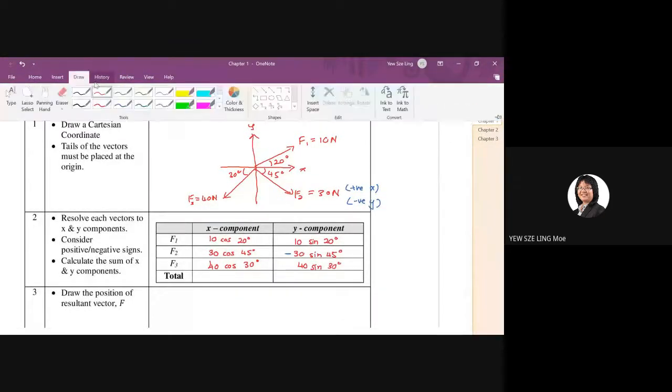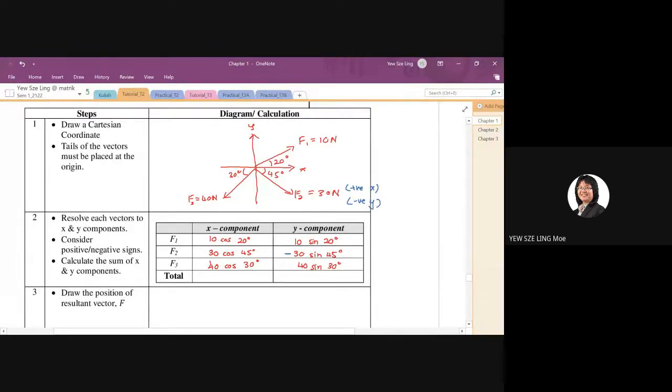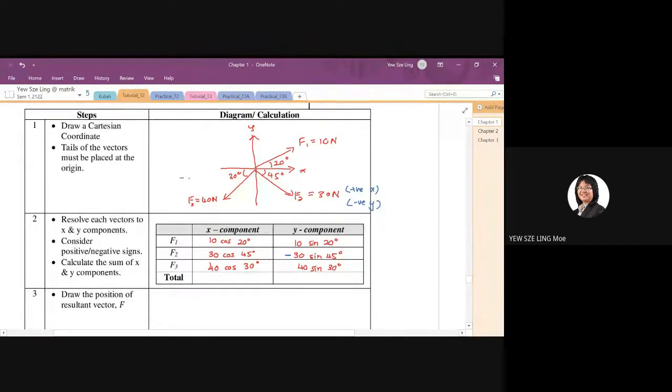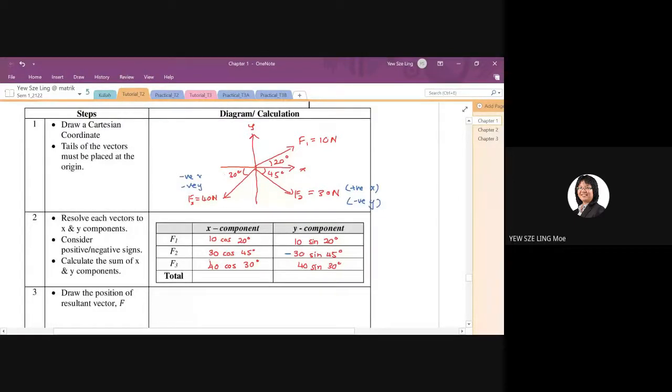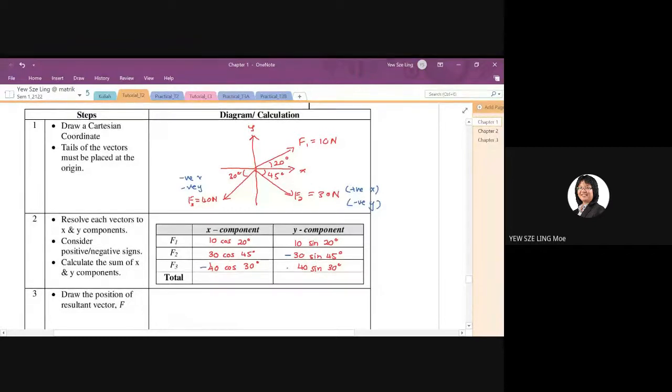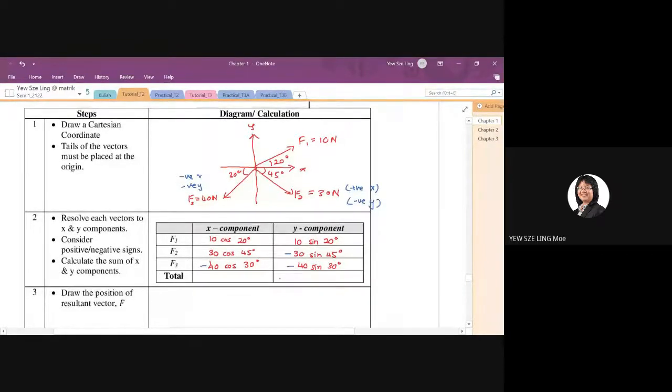And again, if you look at the diagram, in the third quadrant we should have a negative x and also a negative y. Therefore, in our table, we need to add a negative sign in the x component and a negative sign in the y component for F3.